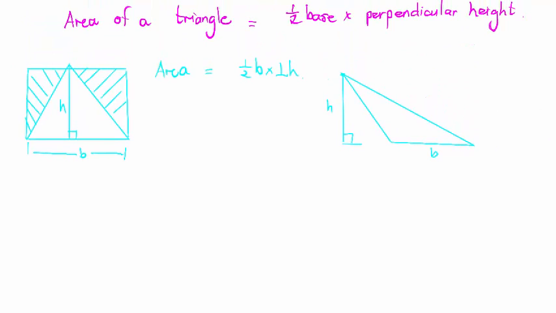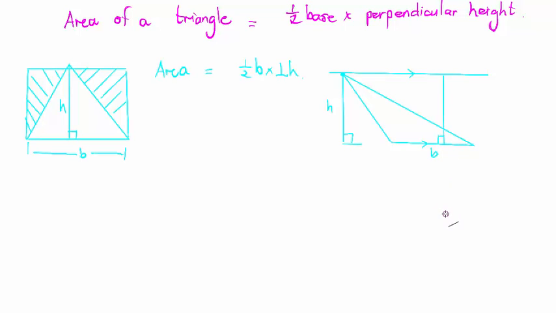Now, if that is true, all I need to know is not necessarily how high the apex is. All I need to do is, if I can draw a line through the apex that is parallel to my base, then all I need is the distance between these two parallel lines.